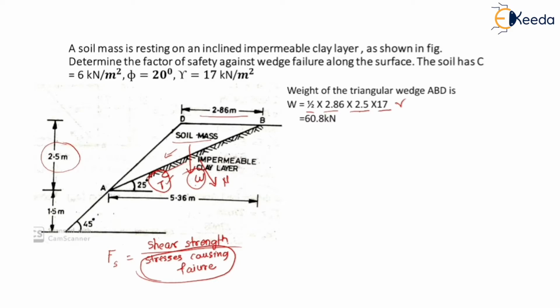Now the tangential component, which is the sliding force T, is given as W sine 25, that is 60.8 into sine 25, which is equal to 25.7 kilonewton. Now we have determined the forces which are trying to cause the failure.